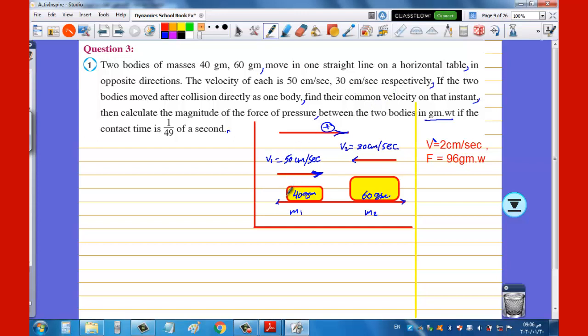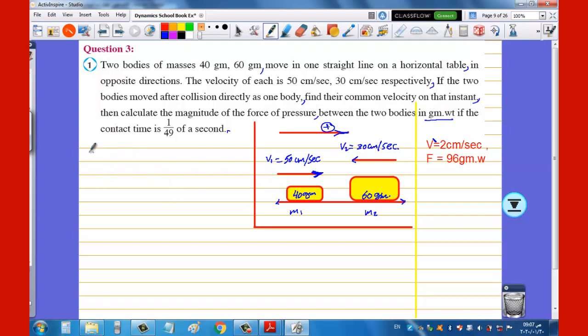The velocity of m1 equals 50 centimeter per second, and the velocity of m2 is 30 centimeter per second in two opposite directions, and we will consider the positive direction is the direction of the mass m1. If the two bodies moved after collision directly as one body, find their common velocity on that instant.